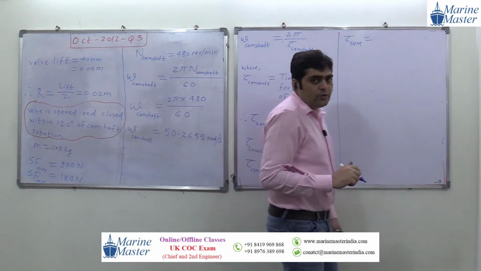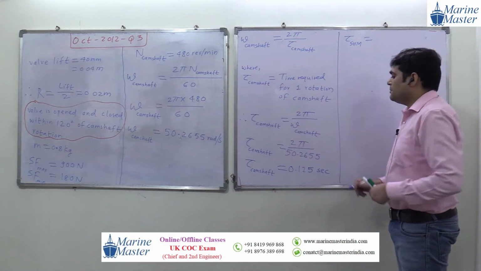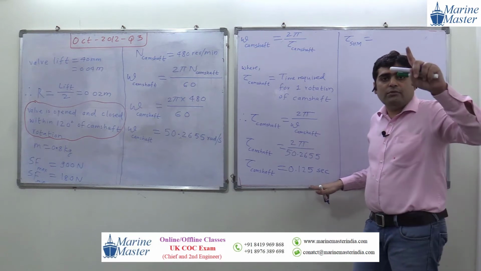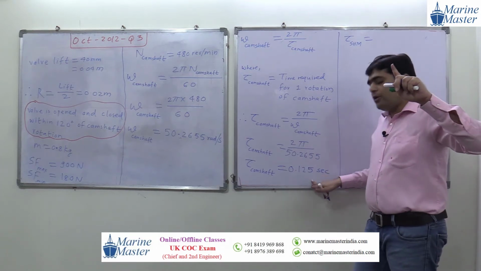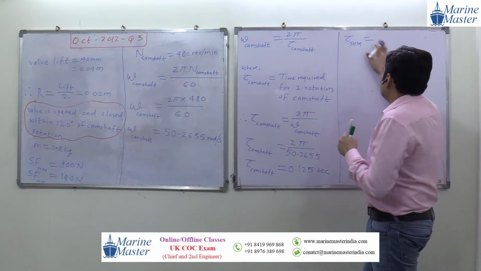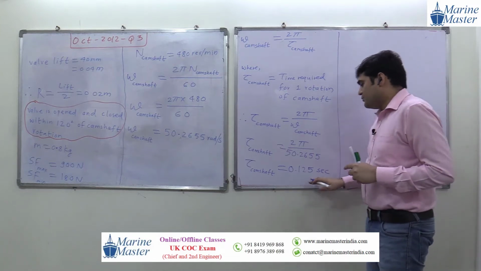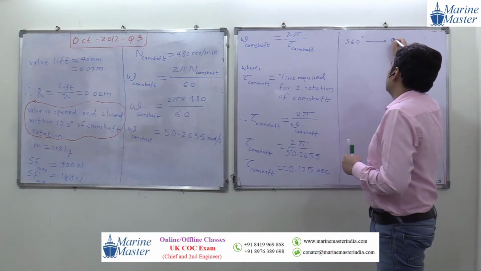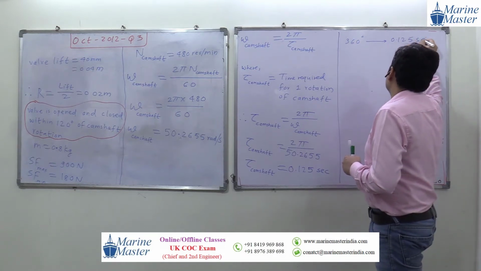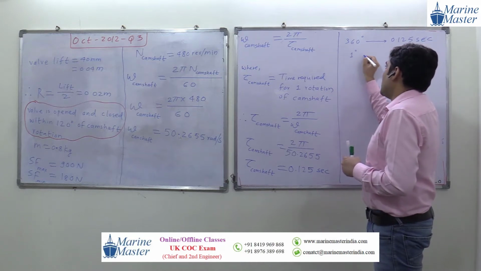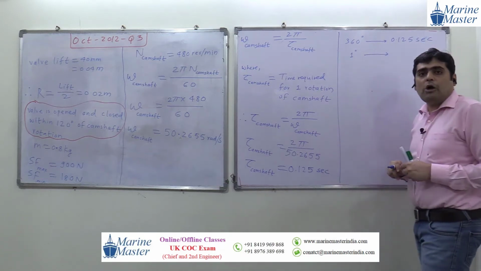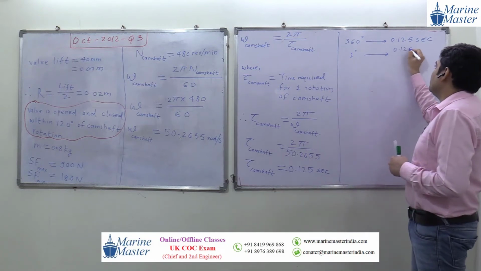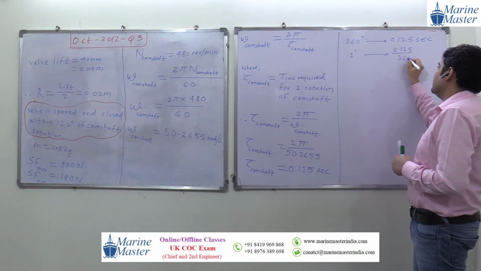So tau SHM will be equal to what? This is for 360 degree. So how much time do we require for 1 degree? This time, 0.125 second, is for 360 degree. So for 1 degree, how much time is required, guys? 0.125 divided by 360 degree.